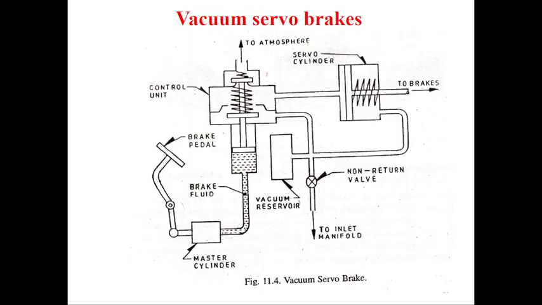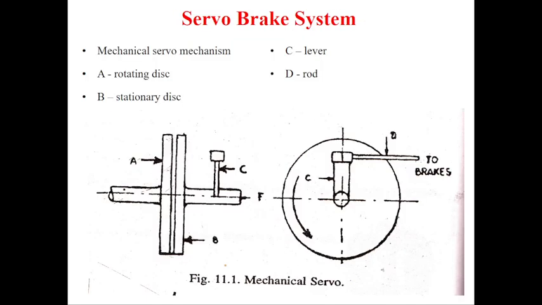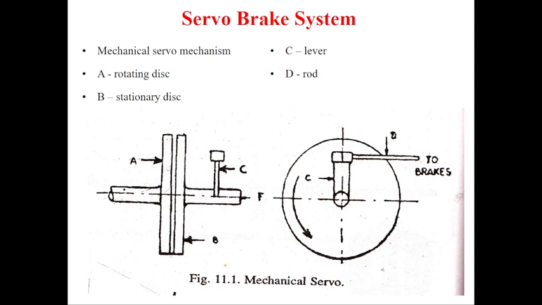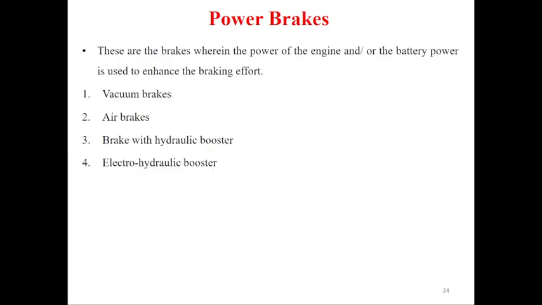Next is the vacuum servo brake. The same mechanism and same principle used for the servo brake system we can apply for the vacuum servo brake, but there are some changes. In the servo mechanism, the moving contact between the rotating and stationary disc is applied with the help of a rod.